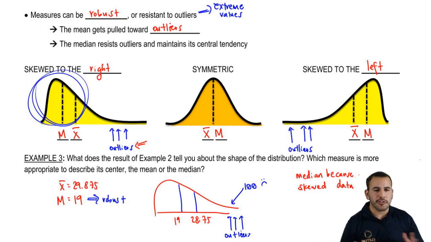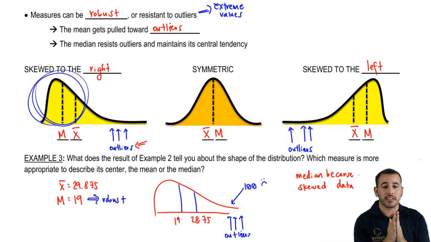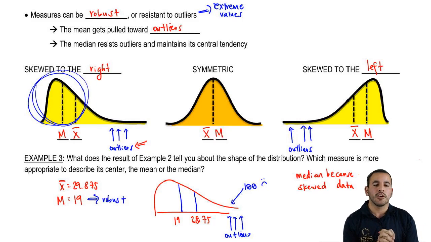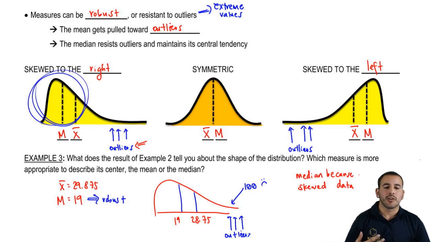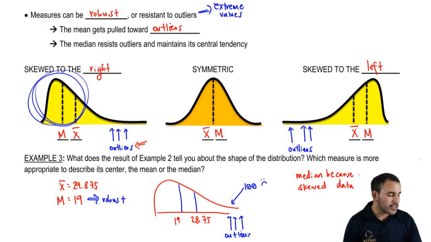If there are extreme outliers, the mean's just going to go whichever way the outliers are, but the median is going to stay towards the center of the actual distribution. So when it's skewed, we use the median. However, when it's not skewed and it's symmetric, one of the best measures is the mean. So the mean is best when symmetric. I cannot spell today.